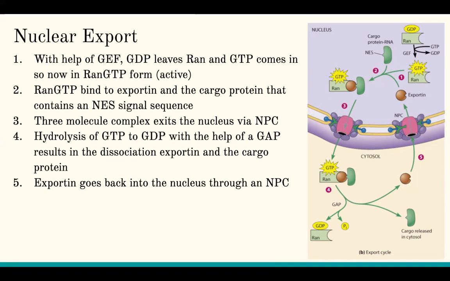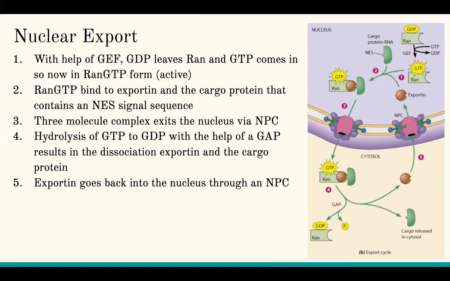And in order to get out of the nucleus, you need this cargo protein to not only bind to exportin, but exportin also needs to be bound to this active RAN GTPase. So you need this complex of basically 3 proteins, because RAN's an enzyme, and then you have these 2 more proteins as a complex of 3 in order to exit the nucleus into the cytosol.